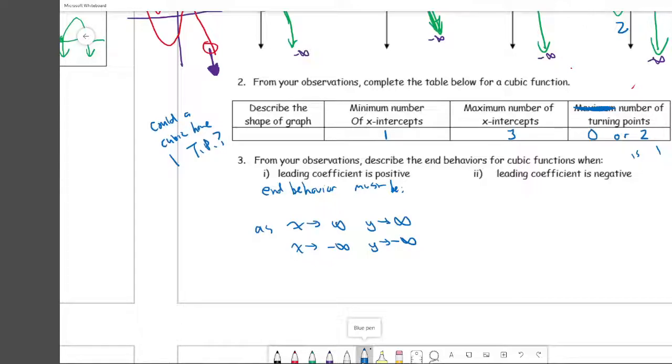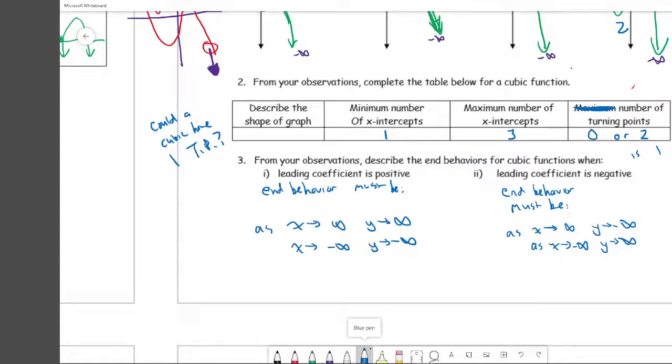On the other hand, if the leading coefficient is negative, the end behavior must be as x approaches infinity, y approaches negative infinity, and as x approaches negative infinity, y approaches positive infinity. You know the end behavior of any cubic as soon as you know its leading coefficient. If its leading coefficient is positive, you know what it's going to do. If its leading coefficient is negative, you know what it's going to do.